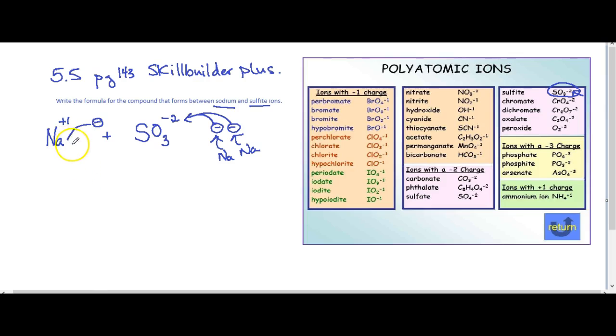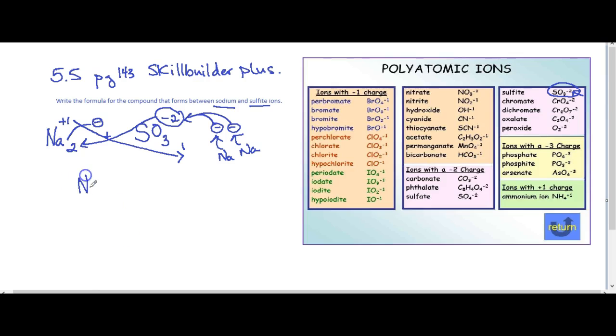When we figure out the formula, you can either draw it out to see how it works, or you can do the crossover method, where you bring the superscript down and over, and that superscript goes down and over. And there you have it.